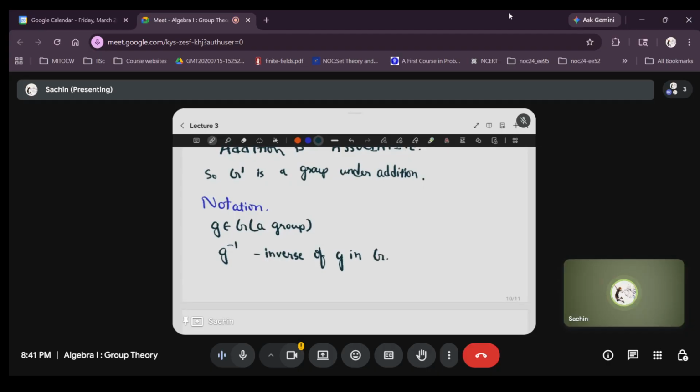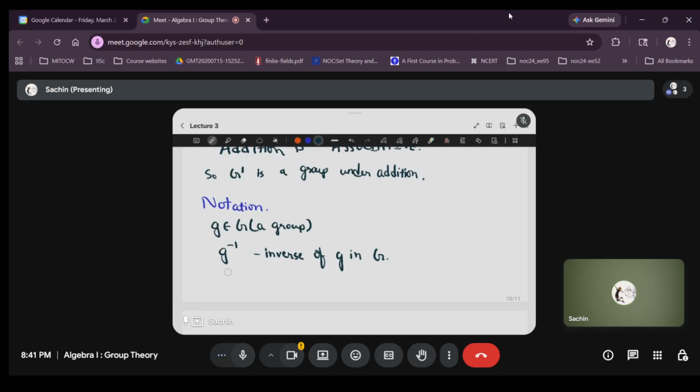This is actually just notation. This does not mean that it is equal to 1 divided by g. For complex numbers, real numbers, and rational numbers, g inverse is simply 1 over g. But in general, for a group, for example for matrix groups, division is not defined. So g inverse is notation for the inverse of g.